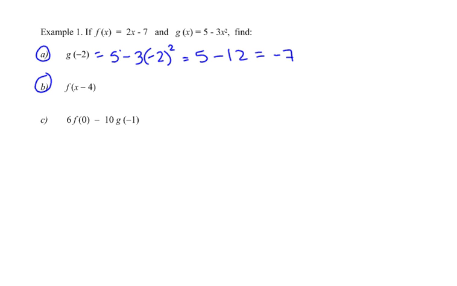So you have 2x minus 7, but you replace the x with x minus 4. Minus 7 equals, so, distributive law thing.